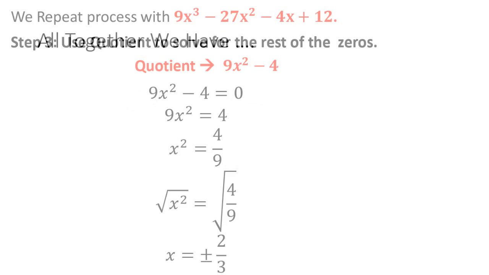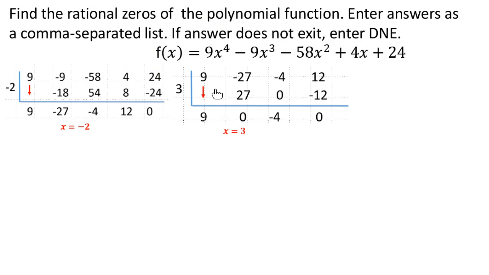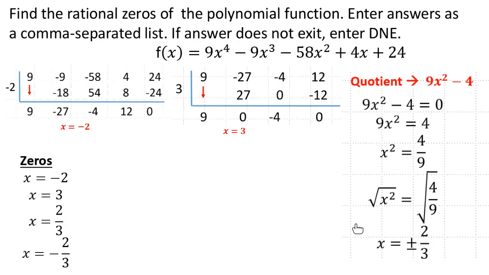Okay. So let's bring everything back together. The first synthetic division told me that x equals negative 2 was a 0. The second synthetic division told me that 3 was a 0. And the quotient told me that x equals plus or minus 2/3 were zeros.